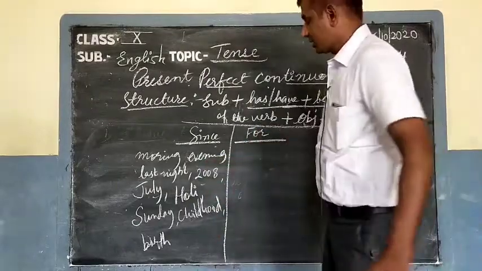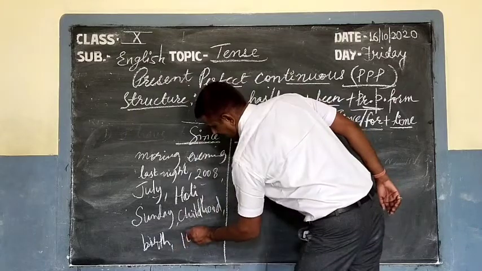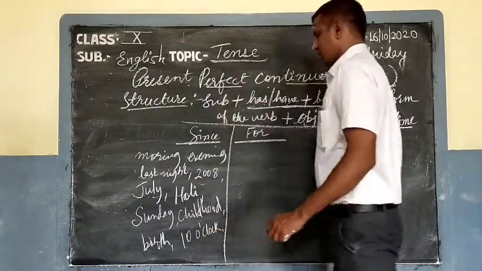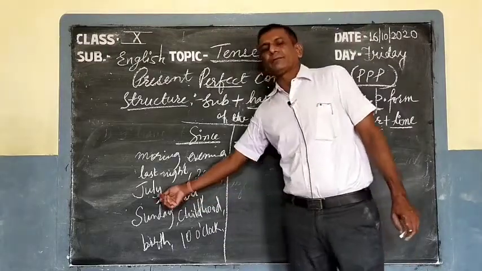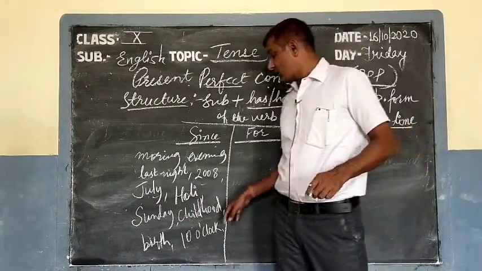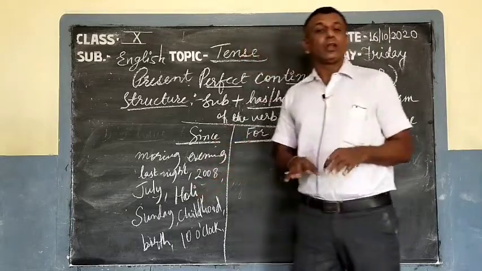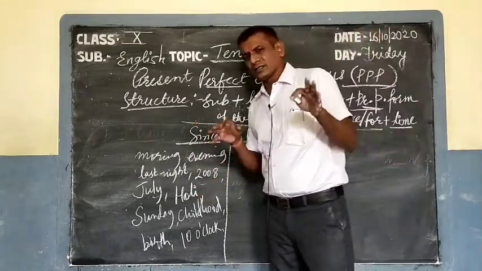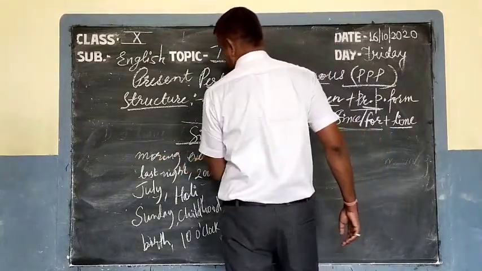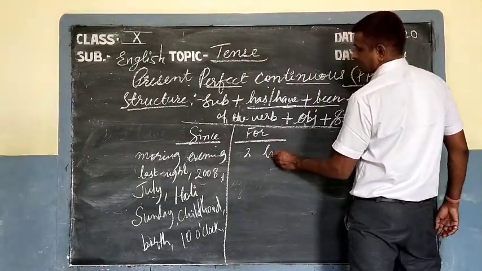So these are the words with which we use since. Since any particular time, 10 o'clock. Since December means the name of a month means all months. Name of a day means all days. 10 o'clock means all timings, 7, 8, 9, 10. Holi means all festivals, small and big. Since morning, evening, last night, 2008.